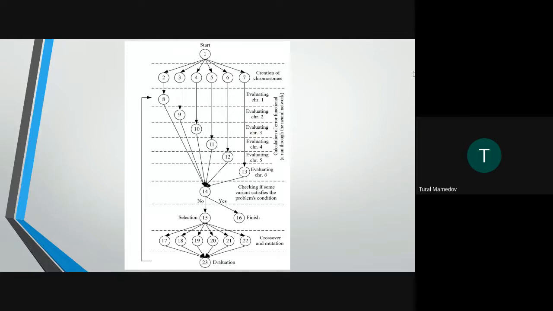And you can see here how they create their chromosomes, evaluate, and run them through the neural network, checking some validation, having some validation process, and so on.